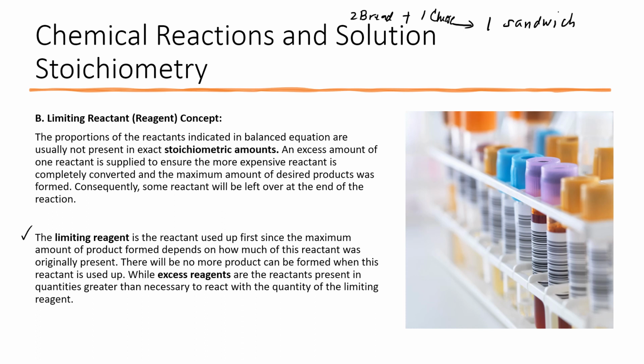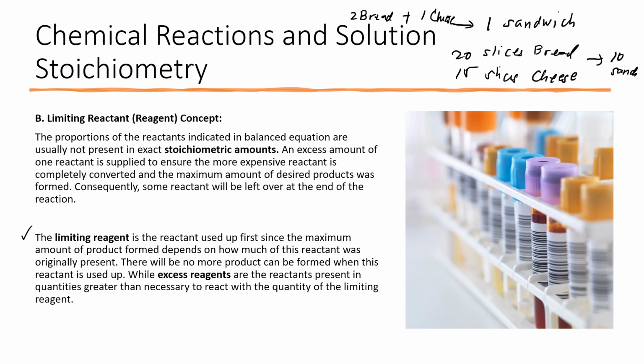Kung given sa atin ay 20 slices of bread and 15 slices of cheese, okay? So, ilan ang mapoproduce natin na sandwich dito? Diba? So, ang mapoproduce natin ay 10 sandwiches, diba? 10 sandwiches.